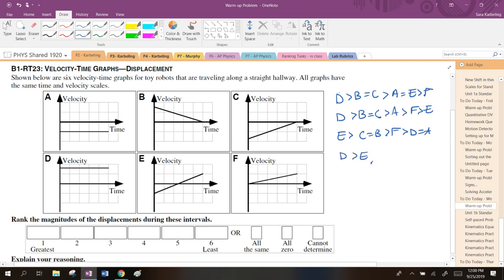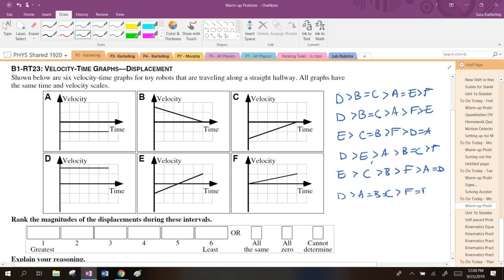D, E, A, B, C, F. E, C, B. So we're doing at least F, the greatest or greatest to least? Greatest to least. All right, do I see more? Here we go. There's a sad face on there. That makes me sad. Oh, okay, good. We got this.